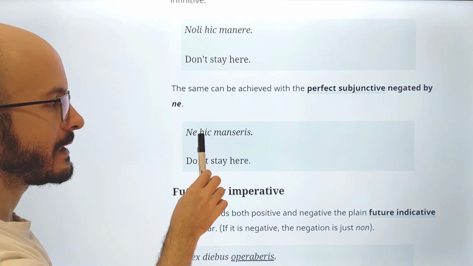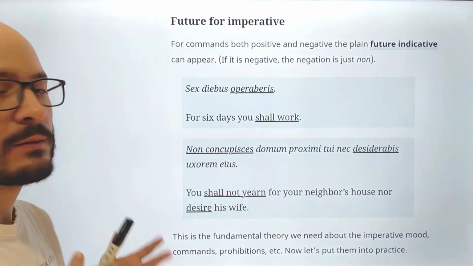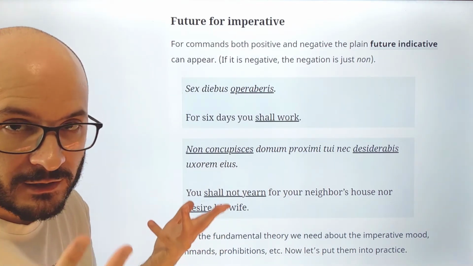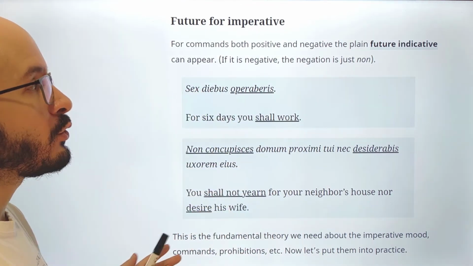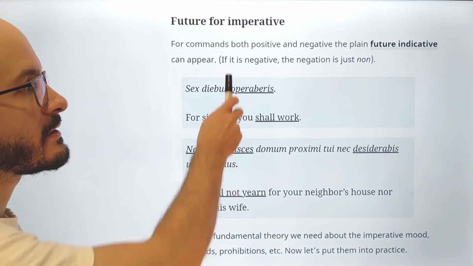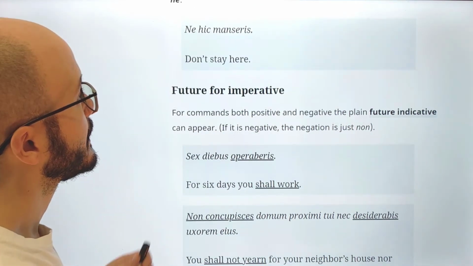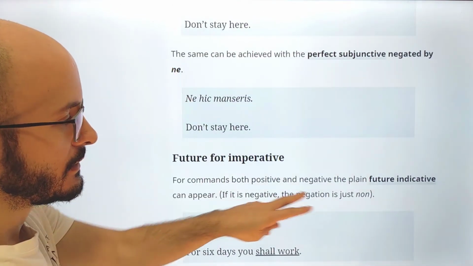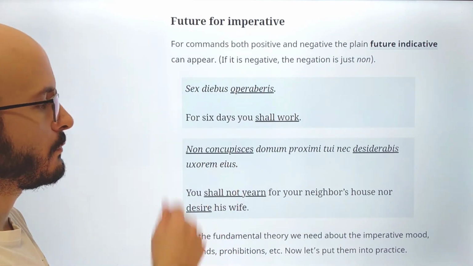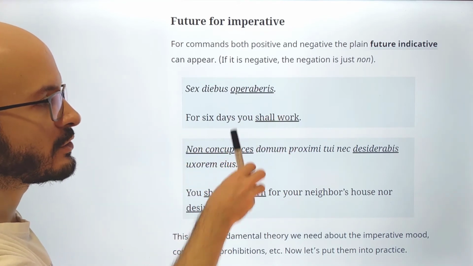So: ne hic manseris. And the last thing that we are going to see, the future for imperative, that is, the future instead of the imperative. For commands, both positive and negative, the plain future indicative can appear. If it is negative, the negation is just non, not ne. Here we have a couple of examples. Sex diebus operaberis: for six days you shall work.